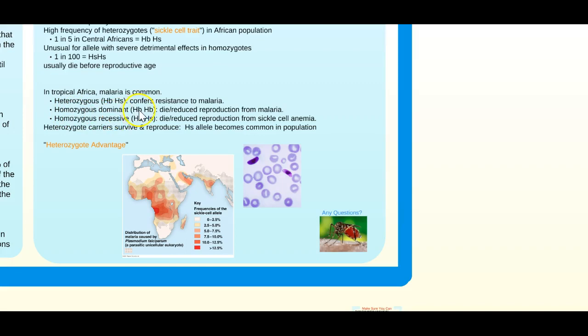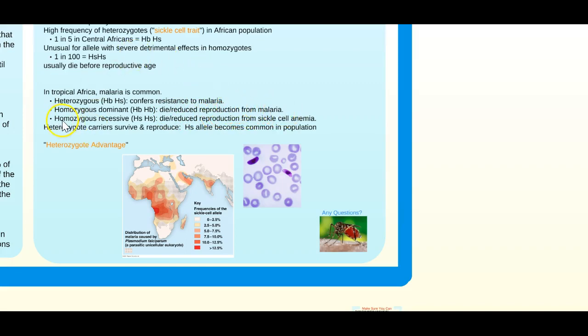If you are homozygous dominant, meaning you contain both of the quote-unquote normal hemoglobin proteins in those red blood cells, you're more likely to die or have reduced reproduction from malaria, which is not advantageous.